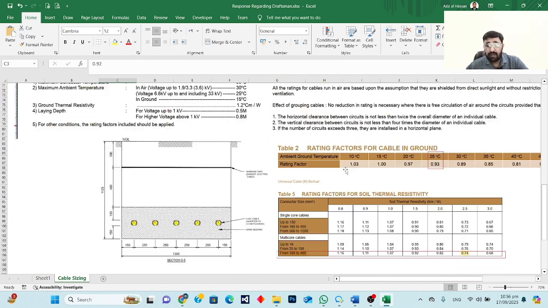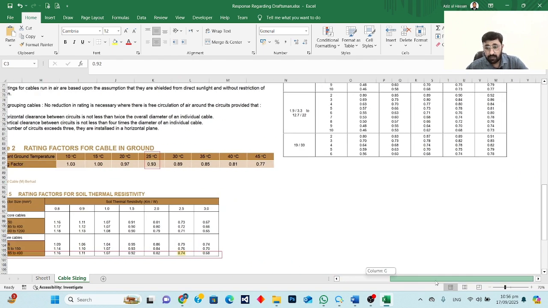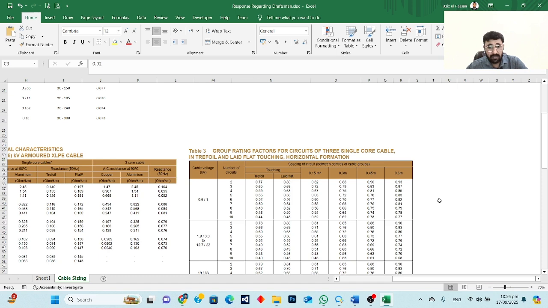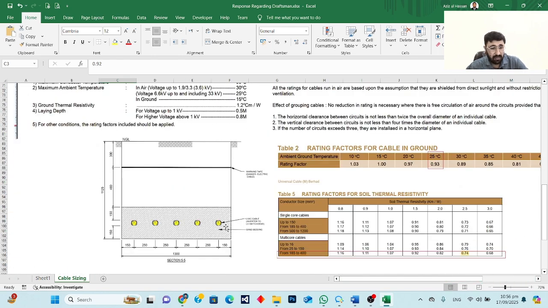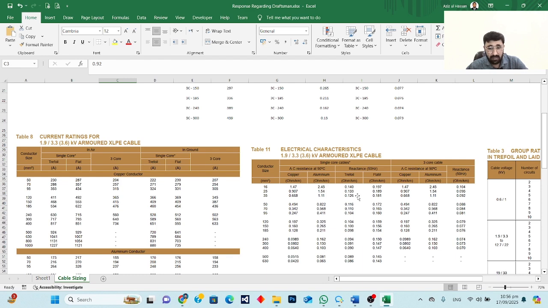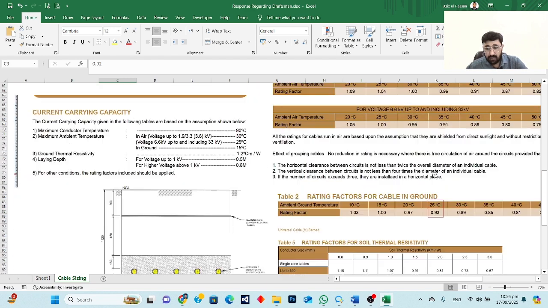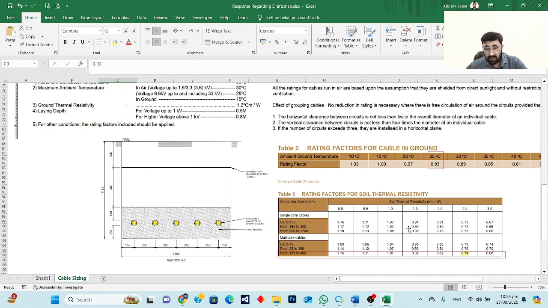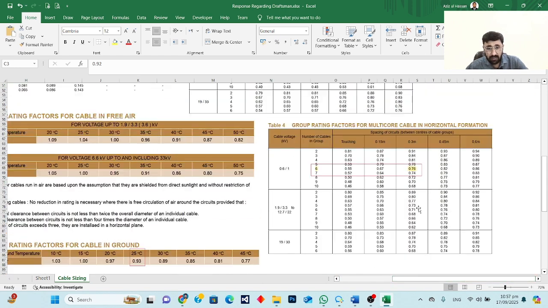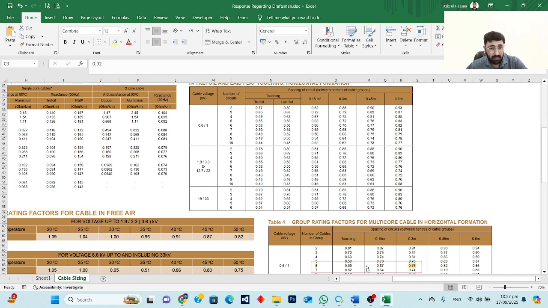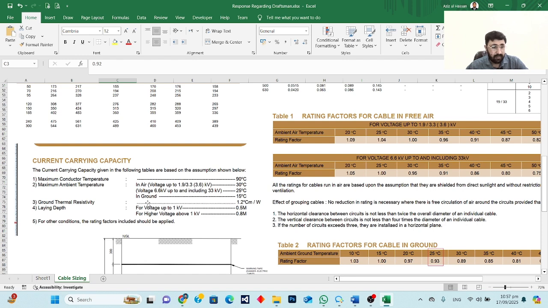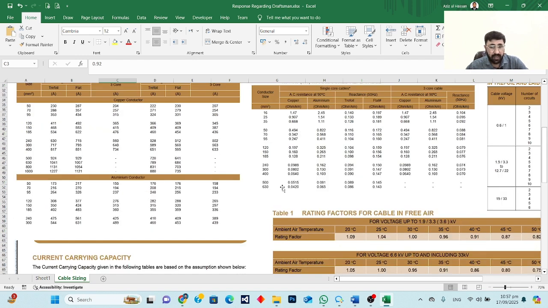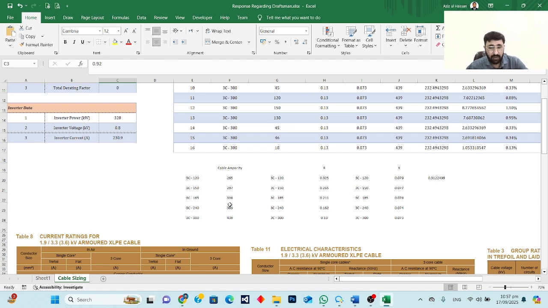And then the depth of the cables. I think I have missed some of the depth values taken from the screenshot. That's why it is missing.